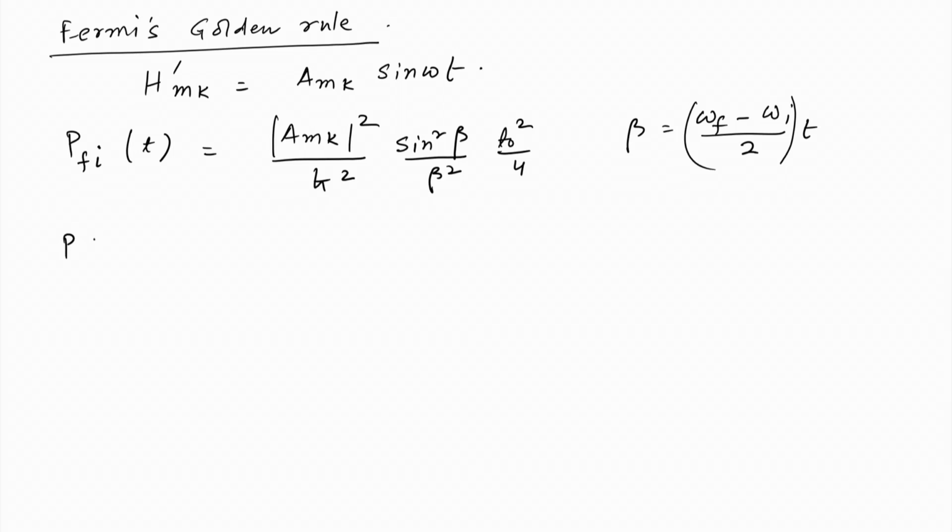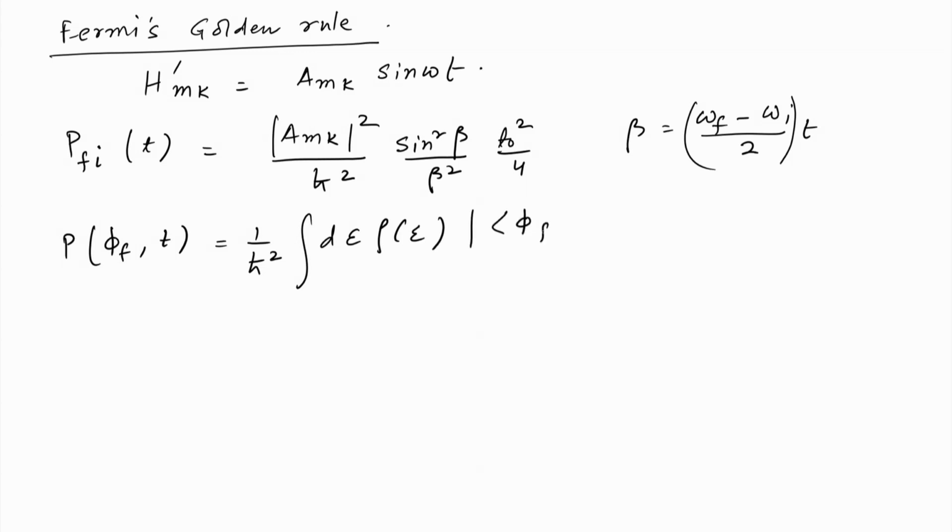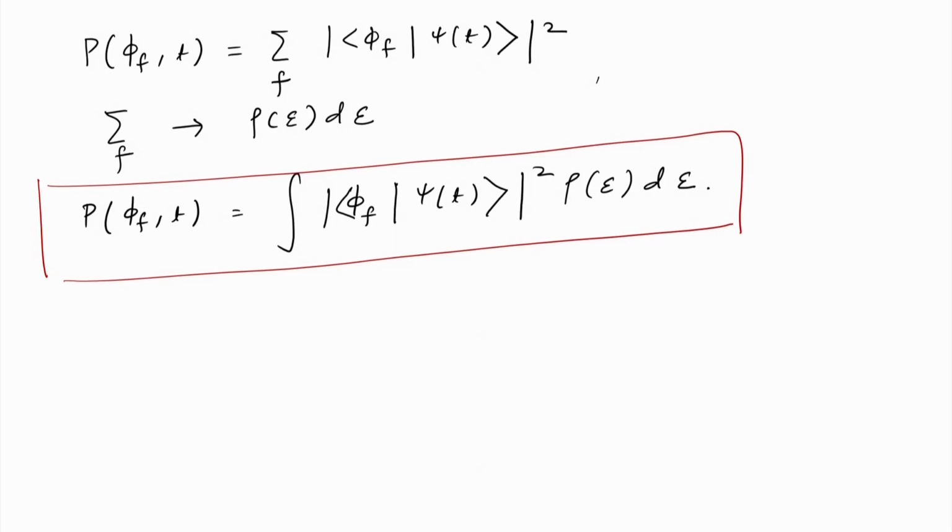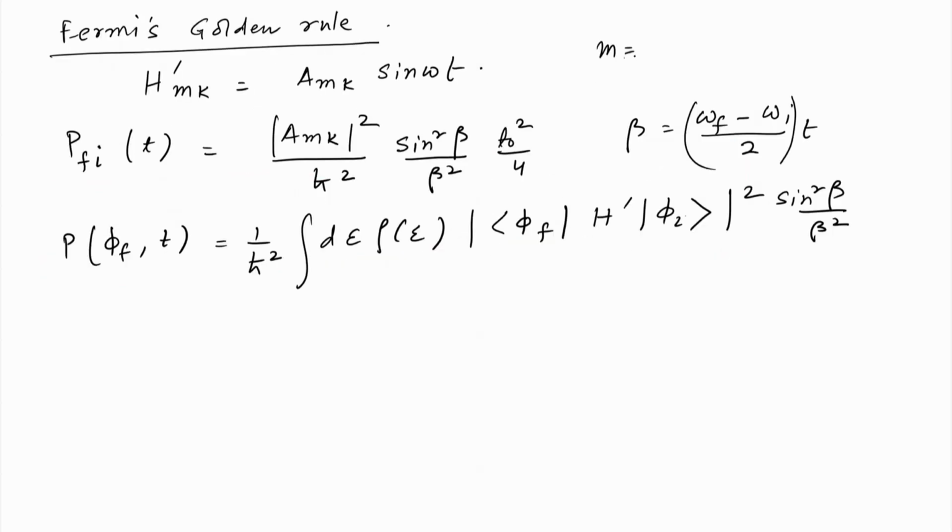Now, this P of final state phi f, t is equal to 1 by h cross square, integral d epsilon rho epsilon, modulus square of phi f h prime phi i, and sin square beta by beta square, which is just again writing this A m k, where just try to connect that m is equal to the final state and k equal to the initial state.